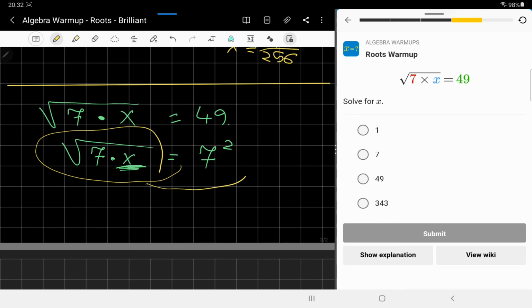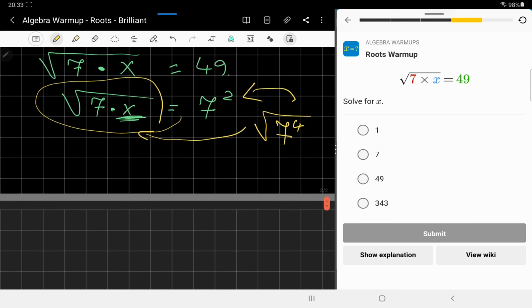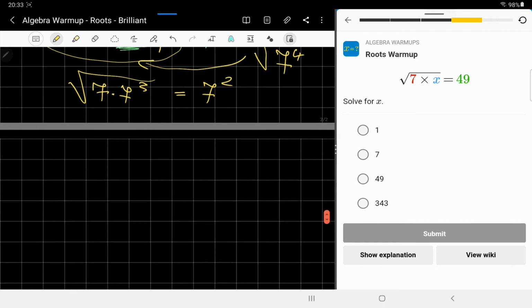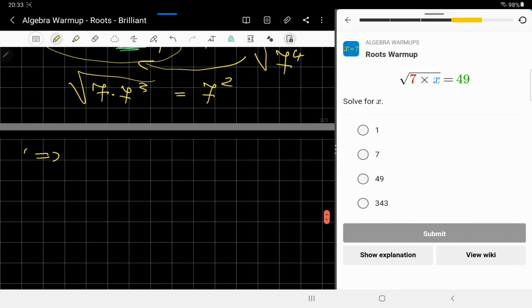We would need the square root of 7 to the power of 4, which equals 7 to the power of 2. So 7 times 7 to the power of 3 equals 7 to the power of 2 under the root.